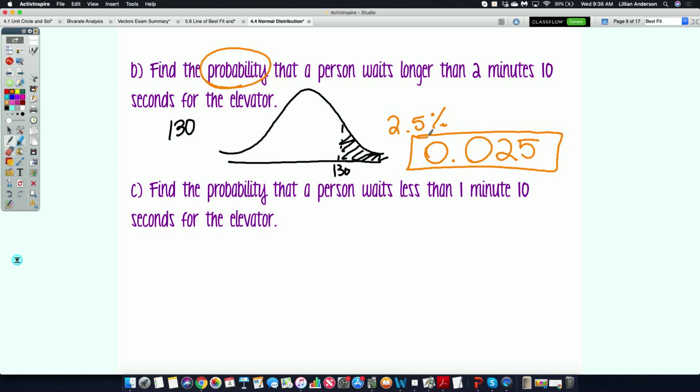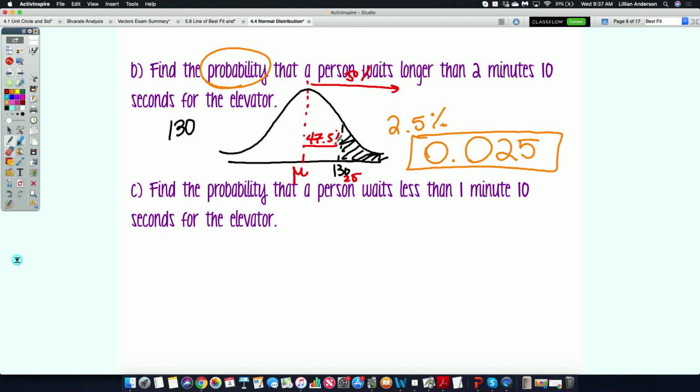Okay. So you could do this a couple of ways. One way is remember the mean splits it into 50%, right? 130 was at 2 standard deviations. And between your mean and 2 standard deviations, that was how much? 34% and 13.5%. So in total, what was that? 47.5.